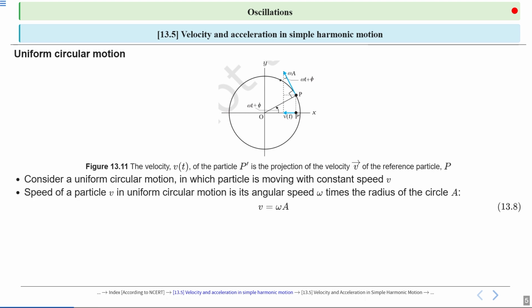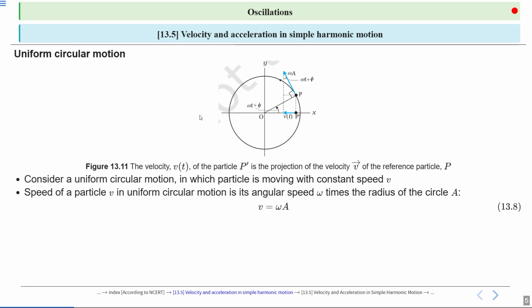The speed of particle v in uniform circular motion is its angular speed omega times the radius of the circle A. So mathematically v is equal to omega A. Here v is measured in meters per second, omega is in radians per second and A is in meters.